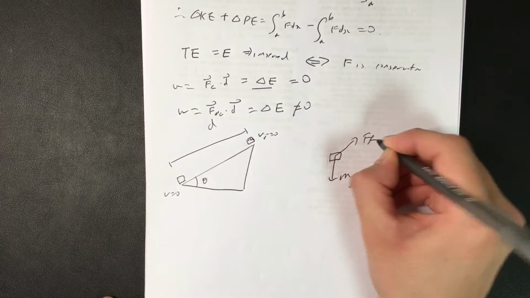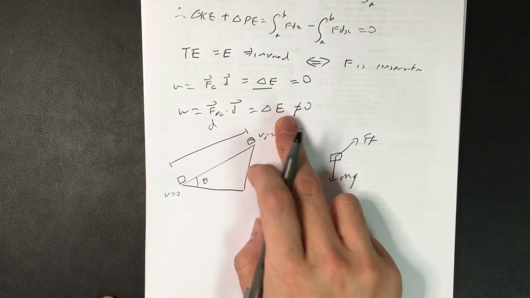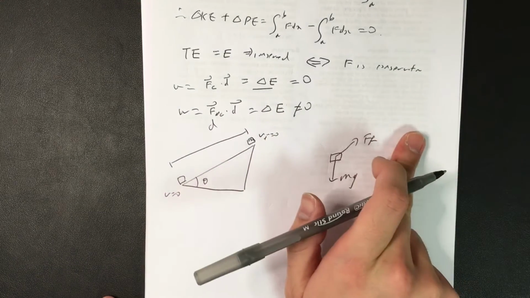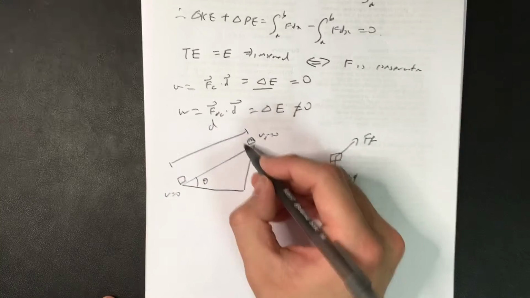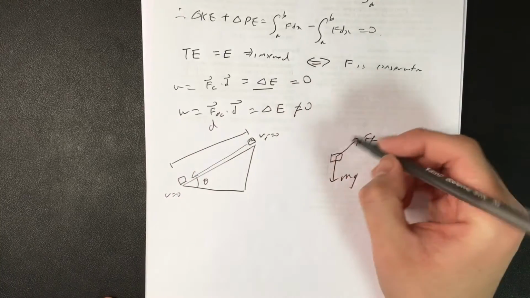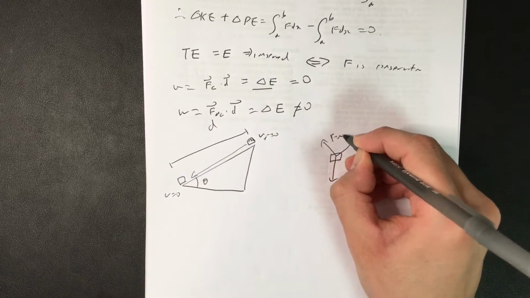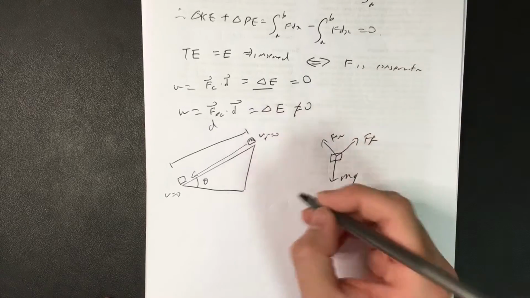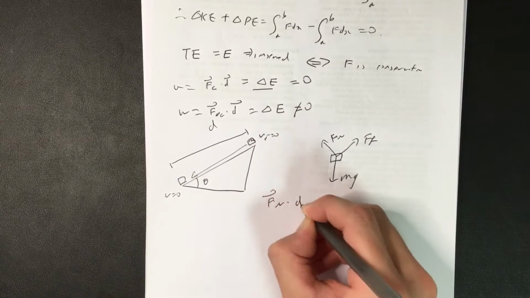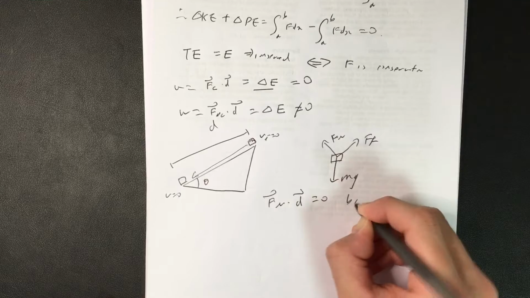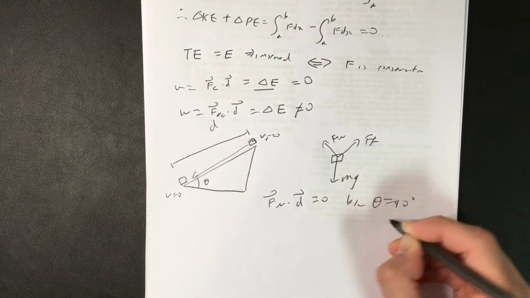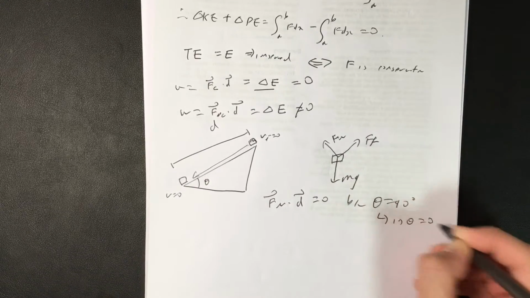There is the force of friction that is parallel to the distance, but opposite to the displacement vector, since the displacement vector is pointing this way. And there is the normal force that is perpendicular to the surface. Now note that the normal force dot product with the displacement vector equals 0 because theta equals 90 degrees and cosine theta is thus 0.